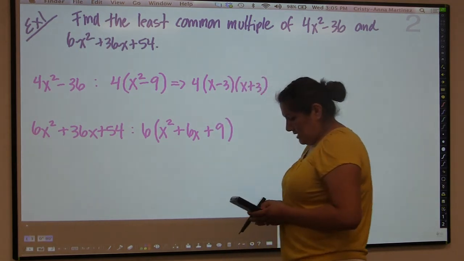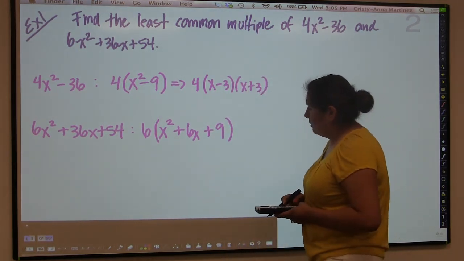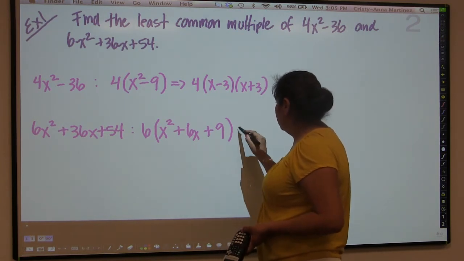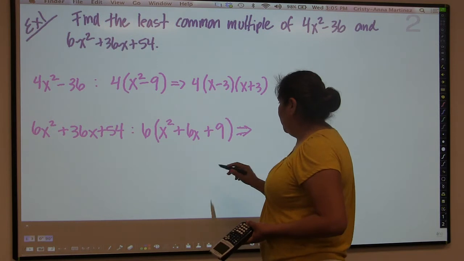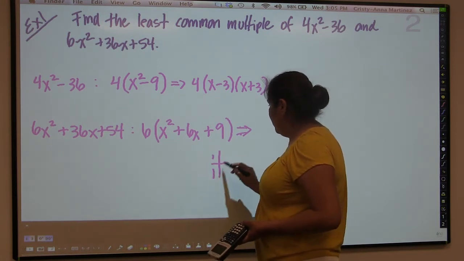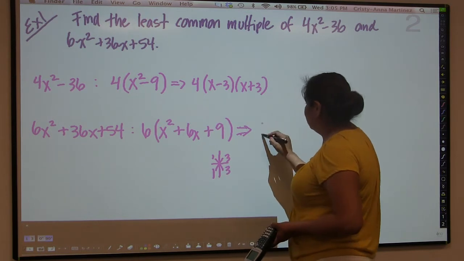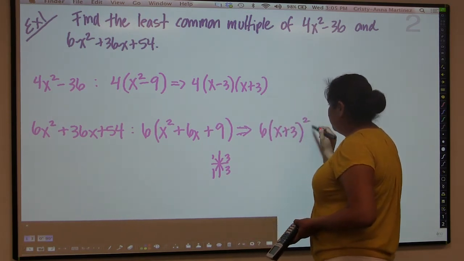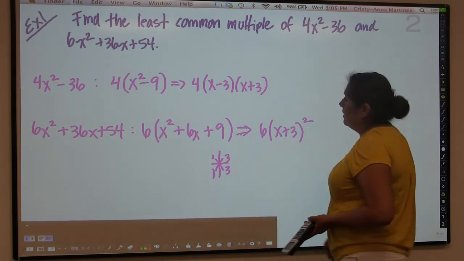And then I can still factor this. You could do 3 times 3 is 9, 3 plus 3 is 6. So you'll get 6 times x plus 3 squared.